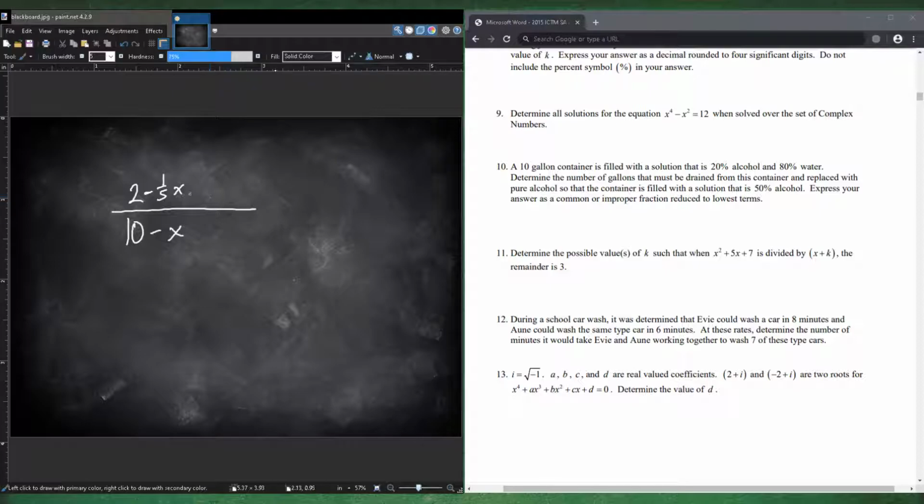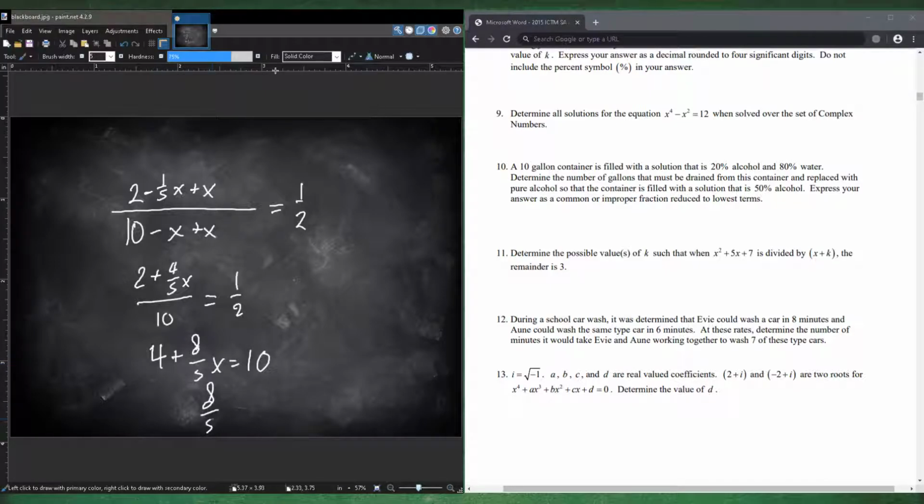And then you replace it with pure alcohol. So replace the x with x, right? Because that's pure alcohol and the amount of alcohol is x. So we get 1/2. So that is 2 plus 4/5 x over 10 is equal to 1 over 2. So cross multiply, so that's 4 plus 8/5 x equals 10.